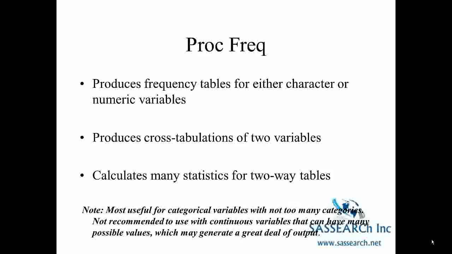I want you to note that it's most useful for categorical variables with not too many categories. So I don't recommend using PROC freq with continuous variables that can have many possible values because you're going to generate a great deal of output.